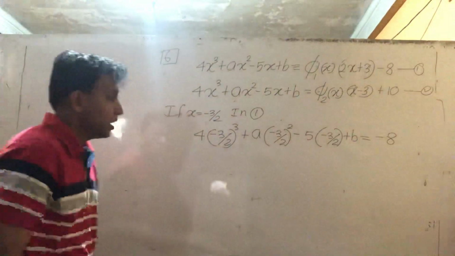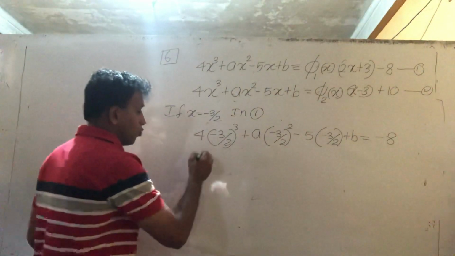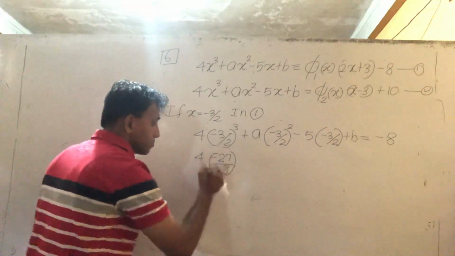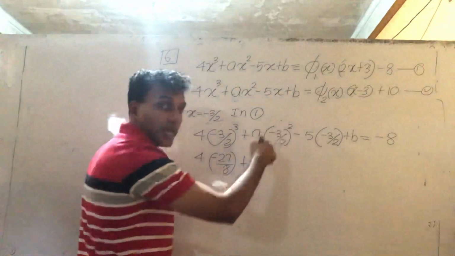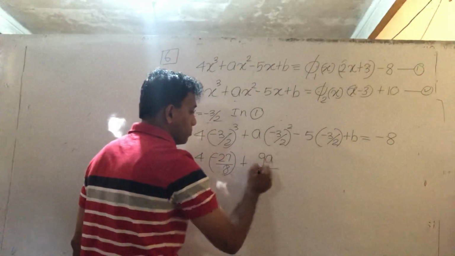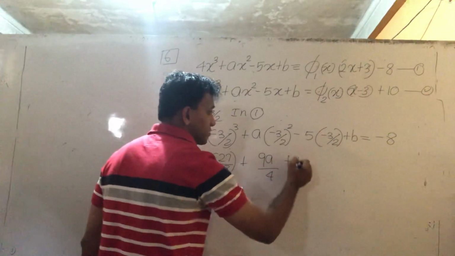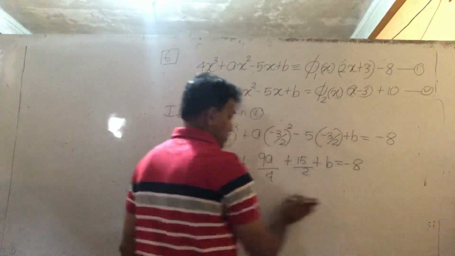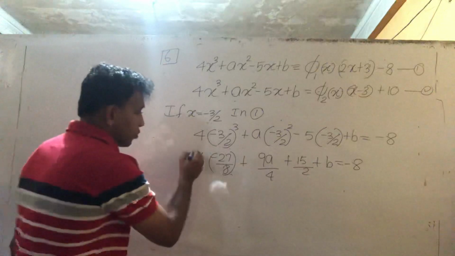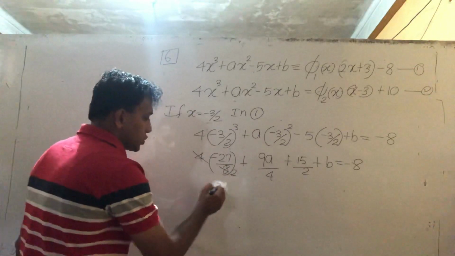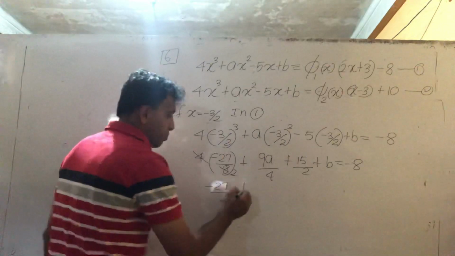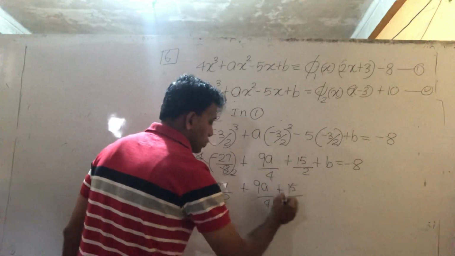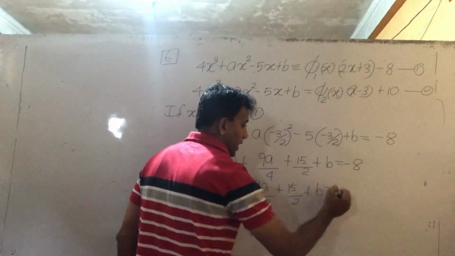Now build up the first equation. Minus 27 over 8 times 4 is minus 27 over 2. Plus the square is 9, so 9a over 4, plus 15 over 2 plus b equals minus 8. So minus 27 over 2 plus 9a over 4 plus 15 over 2 plus b equals minus 8.